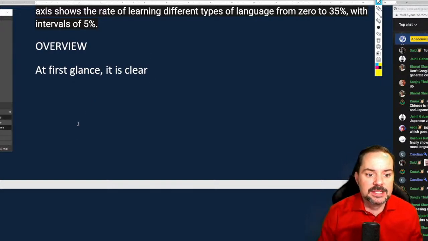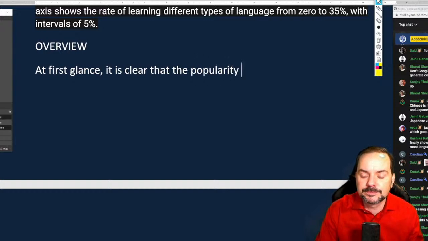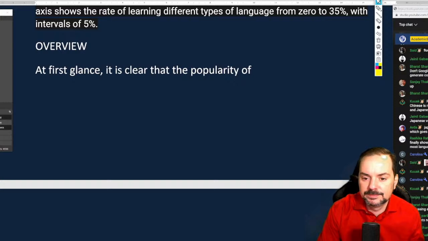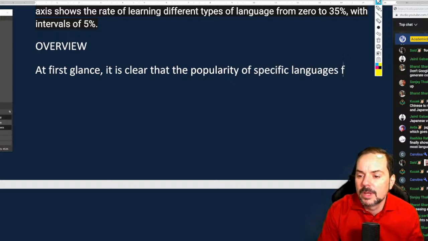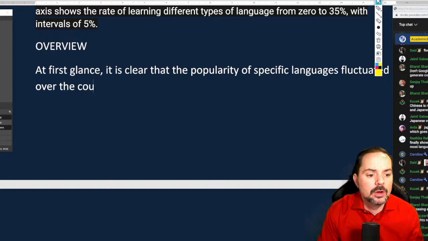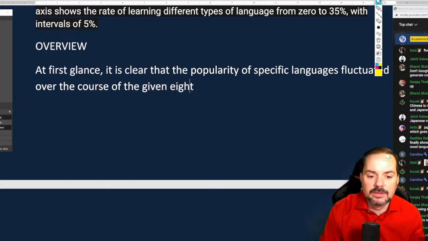Okay, at first glance, it is clear that the popularity of second language learning of specific languages fluctuated over the course of the given, and here I can say given 8 years.